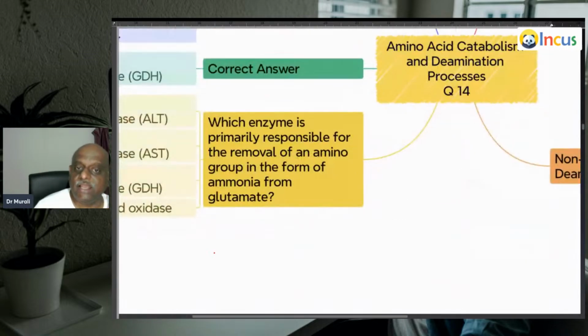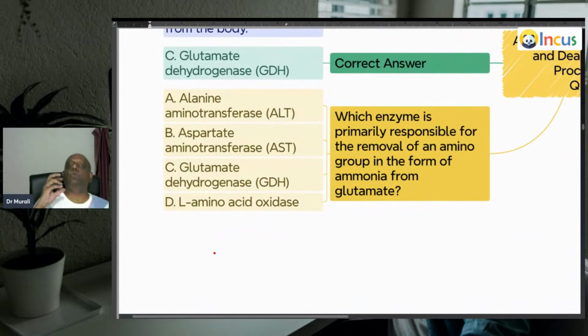Now, which enzyme is responsible for the removal of the amino group in the form of ammonia from the glutamate?